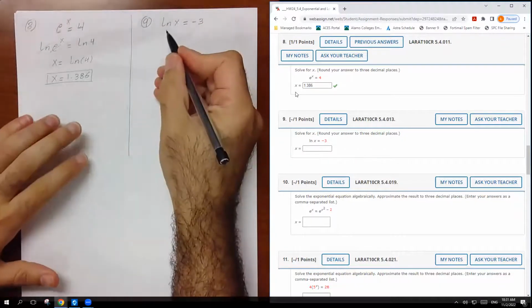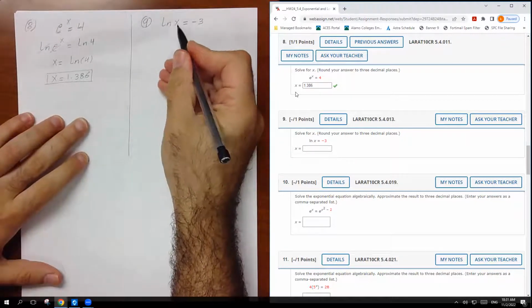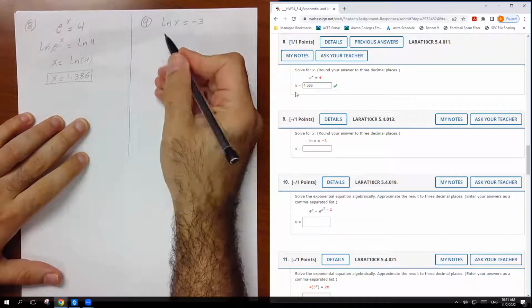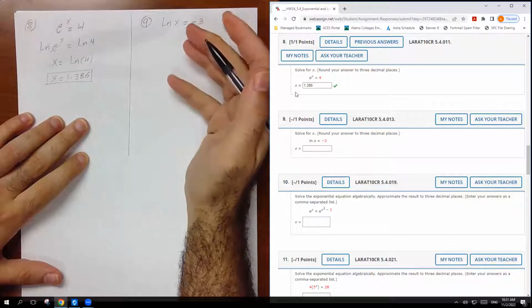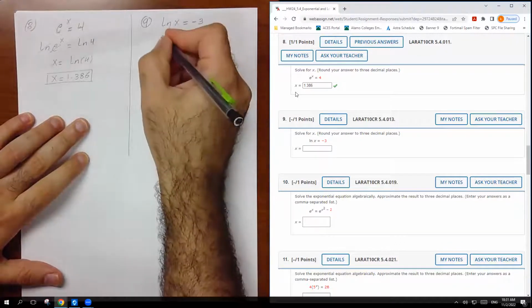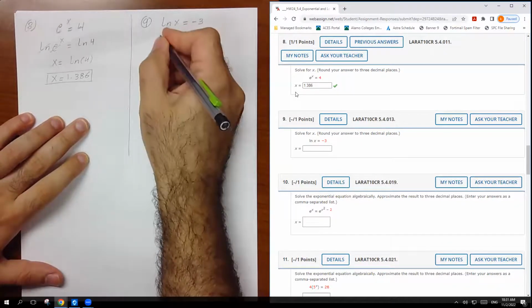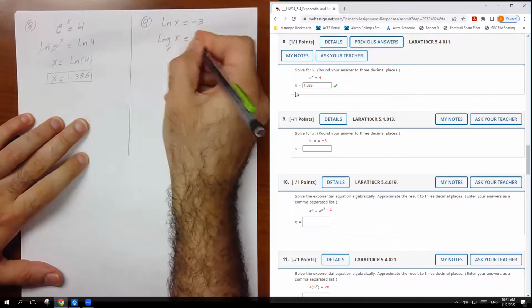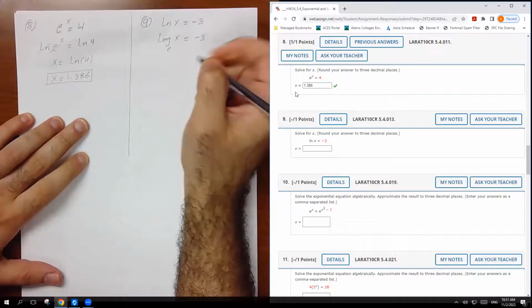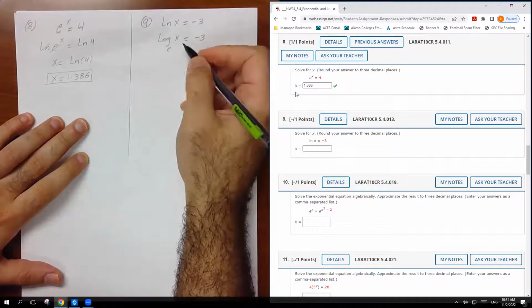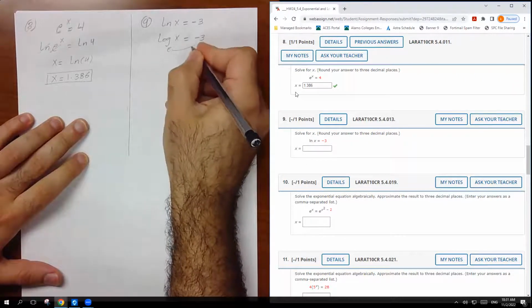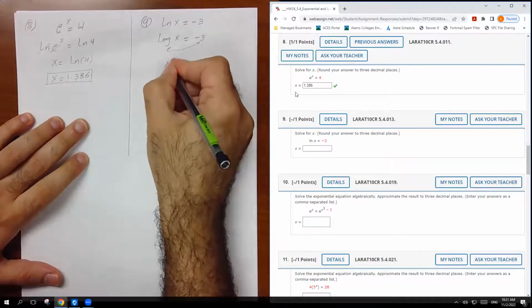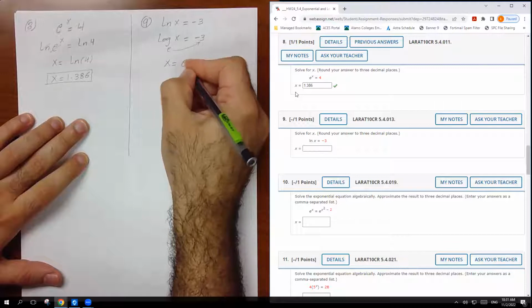If you want, write ln x as log to the base e of x equals -3. Then I'm going to convert from the log form to the exponential form. That means I'm going to move the base to the other side, cancel the log. So x is going to be equal to e to the -3.